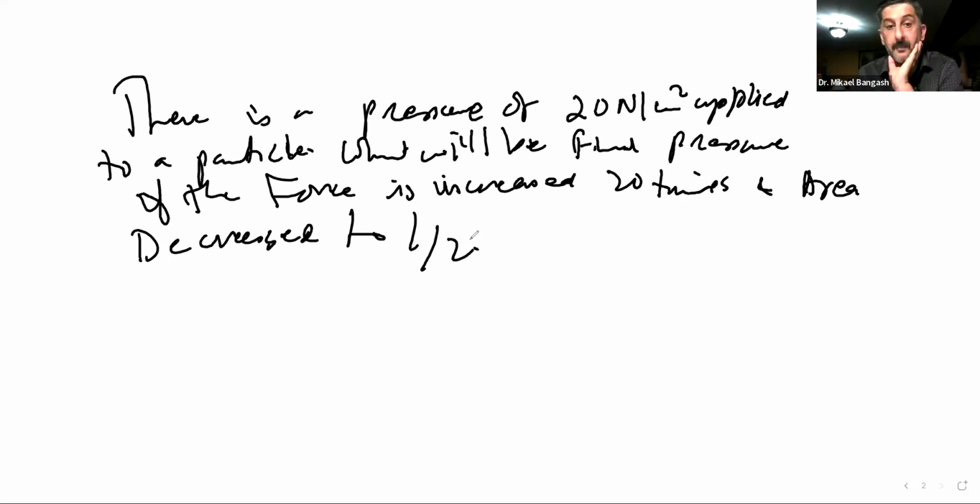What would be the final pressure if the force is increased 20 times and the area is decreased to half? Have fun, and you have 2 minutes.